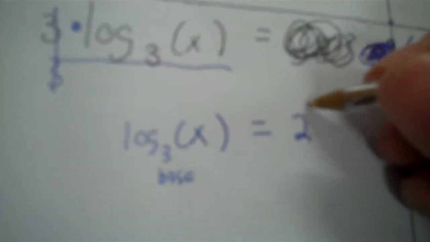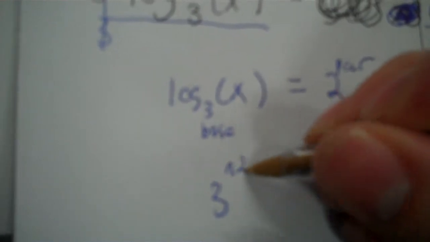Now you're good to go. Base is 3. The power is 2. Okay, this is going to be an easy one. So 3 to the 2 power equals x. Well, 3 to the second power is 9, so 9 would equal x. Easy enough.